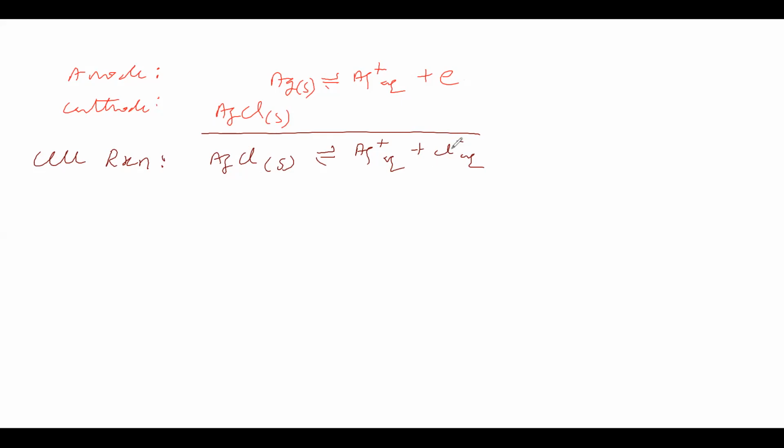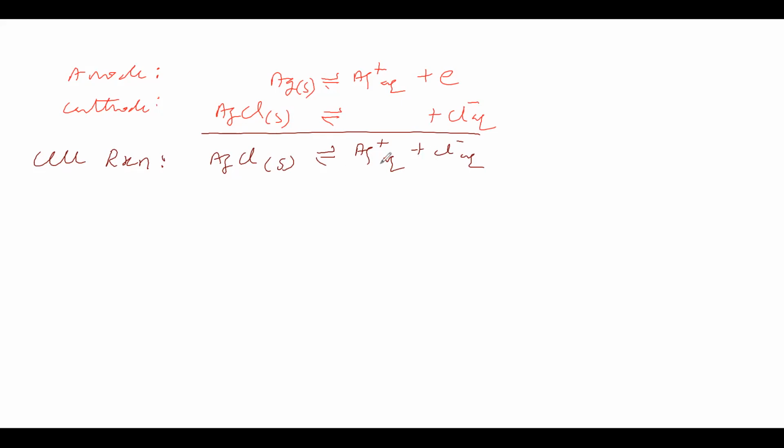That Cl minus we get from this AgCl, present as it is without any change, and it goes to solution. In this AgCl, Ag plus is there. We have to see what that Ag plus should be converted into.